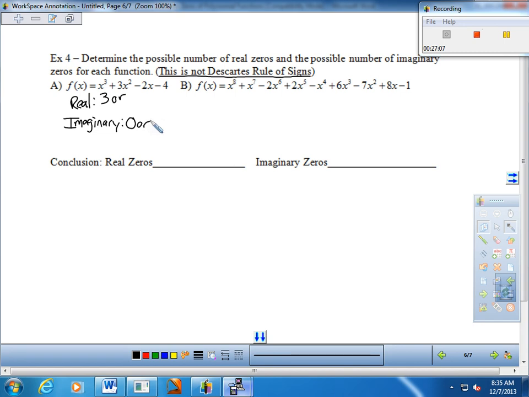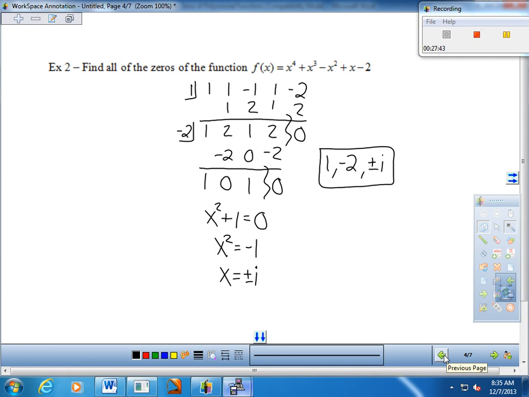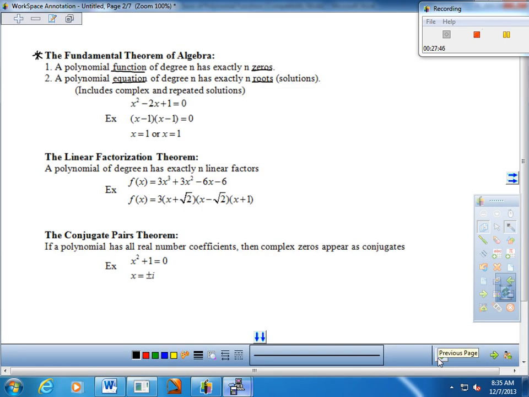Now here's what I would ask you. Is it possible to have 1 imaginary and 2 reals? Think about that for a sec before writing that in. Is it possible out of those 3 zeros that there's only 1 that's imaginary and 2 real? And the answer, of course, is no. That is not a possible combination. And the reason, of course, is I can't have 1 imaginary number because of, sorry to go back a couple screens, this right here, everybody.